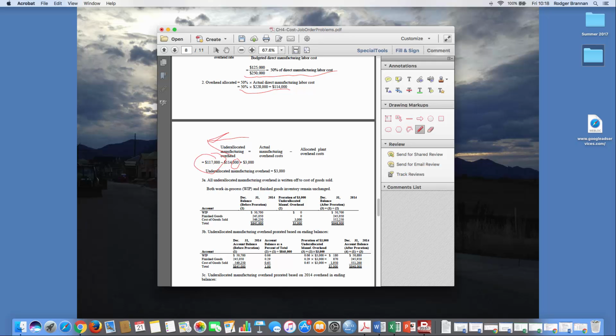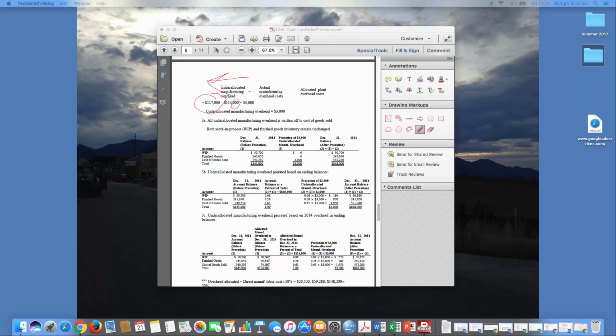If I underapply overhead, it also means that my cost of goods sold is understated. So I need to add the 3,000 to it. So I'm going to change my overhead from 549 to 552 if I deem it to be immaterial. Generally, the basic rule is I always want to prorate overhead, but if something is immaterial, I can get away with doing something a little bit different.